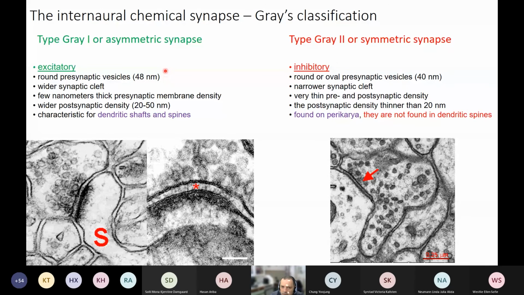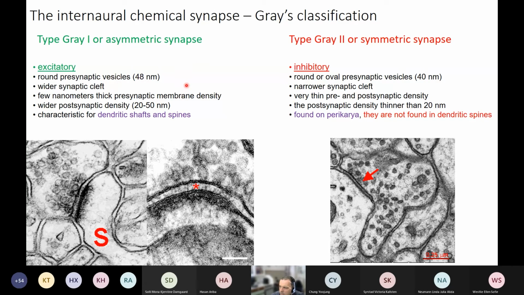Because of the electron microscopical histological features of these synapses, we may call them asymmetric and symmetric synapse, depending on which book you use. Some books will use the Gray 1 and Gray 2 terminology. Others will prefer to say asymmetric and symmetric synapse, but that's basically the same thing.